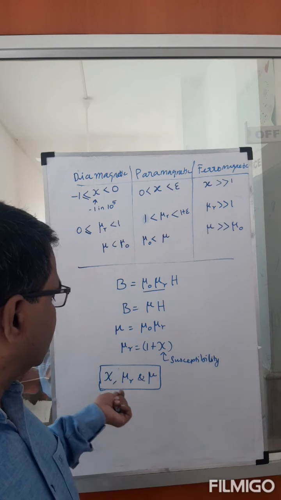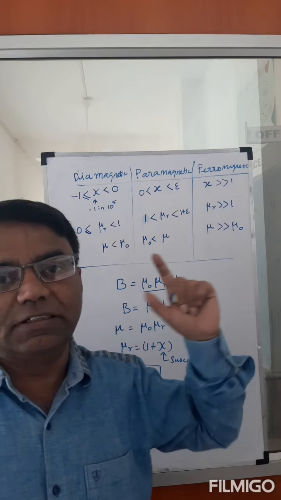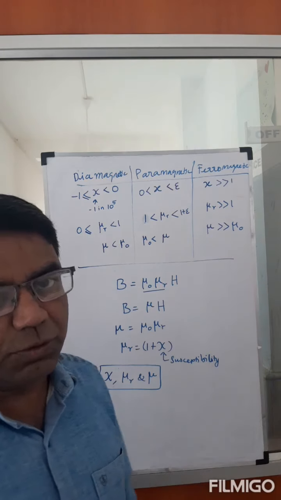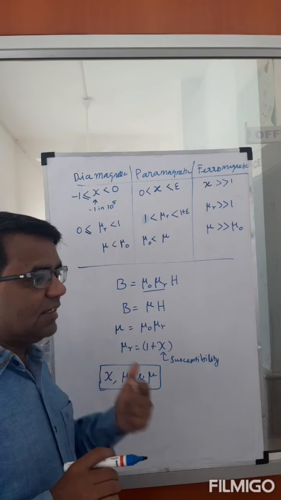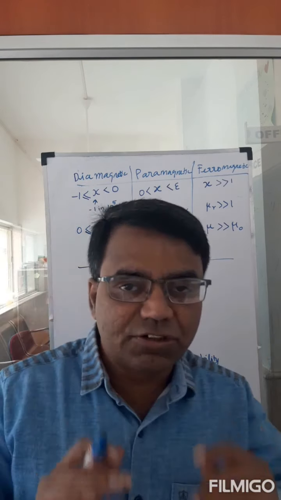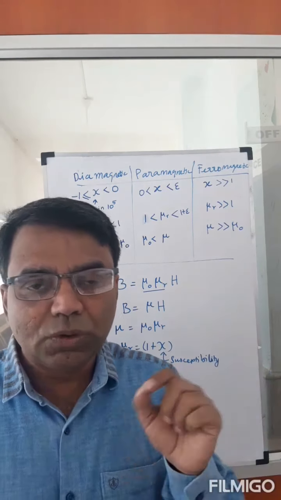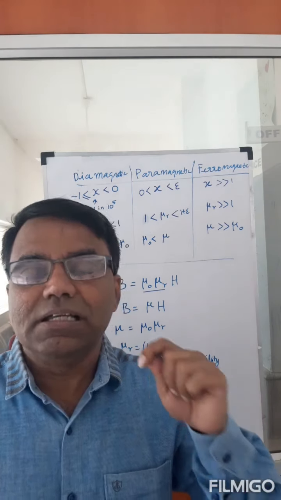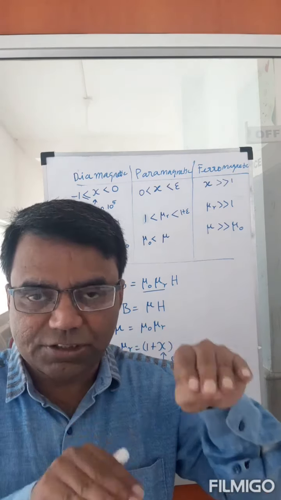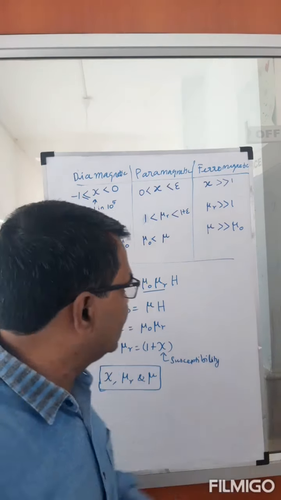Now we'll talk about this xi, mu r, and mu for the different types of materials. That is what this table is all about. Okay, let me take the diamagnetic material. I said, in the case of the diamagnetic material, the net magnetic field inside that material would be less than the applied magnetic field. Why?